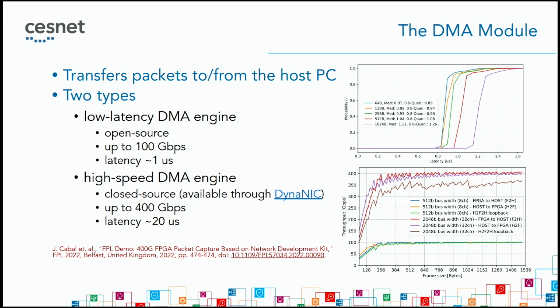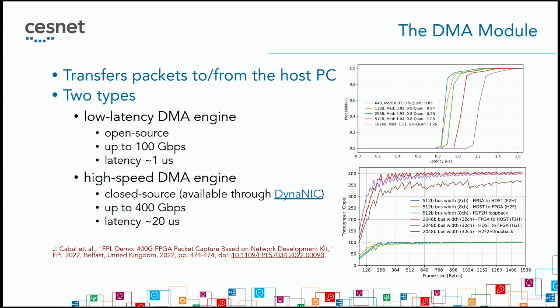This DMA engine is open source and it is low latency. The trade-off is it is only able to transfer about 100 gigabits per second to and from the host PC.